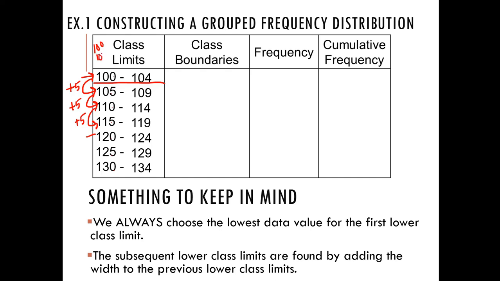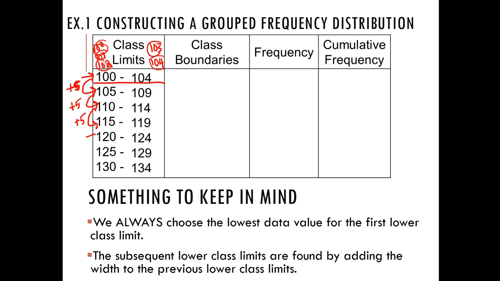So if a state had 100, 101, 102, 103, and 104 as a record high temp, it goes in this first class limit. Look at that. That's 1, 2, 3, 4, 5 data values. That's why our class width is 5, because we have 5 data values in that first class.